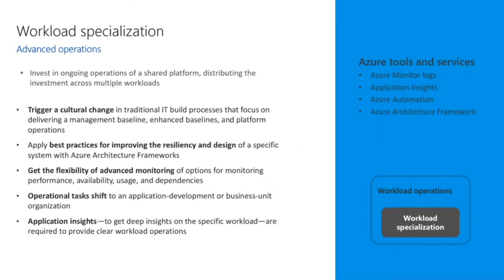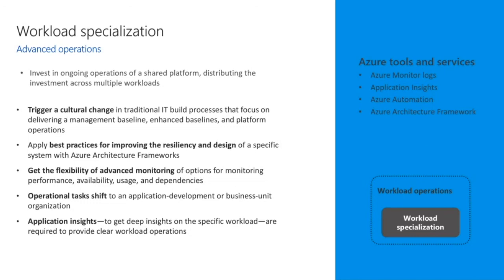Then we have different advanced operation tools where you want to implement best practices. Again, it is monitoring best practices that you can do using services like Azure Monitor, Application Insights, or Azure Automation, and other things.